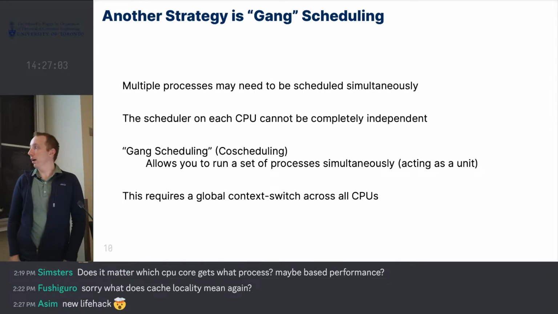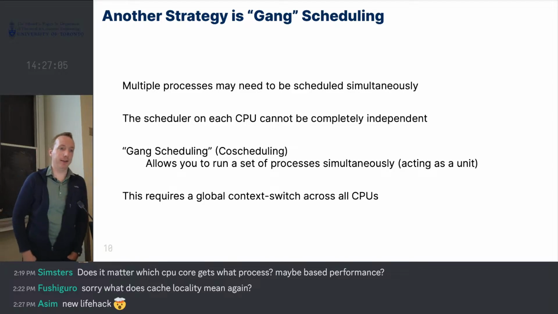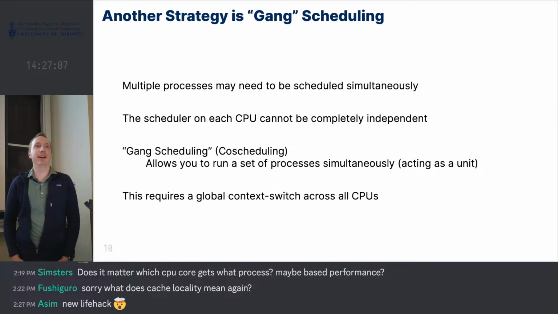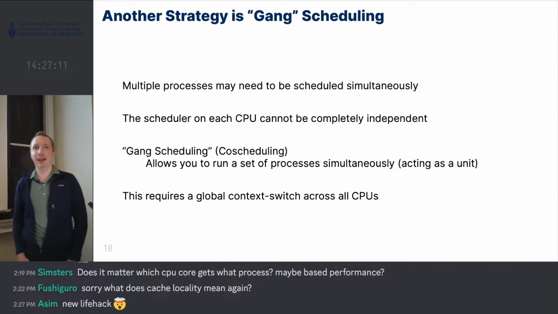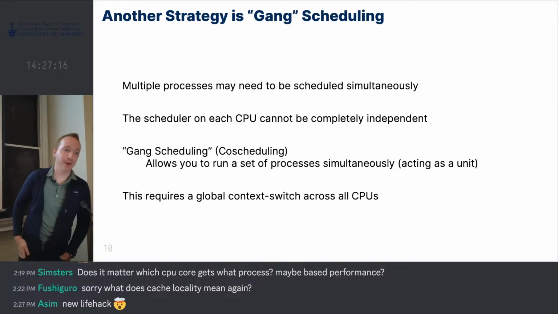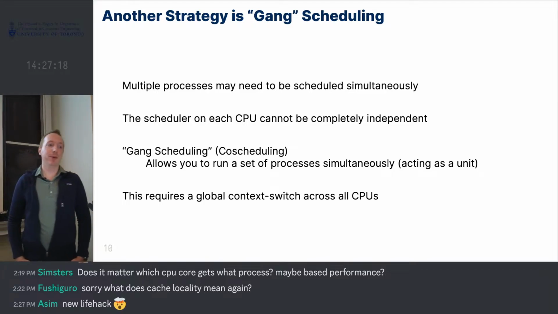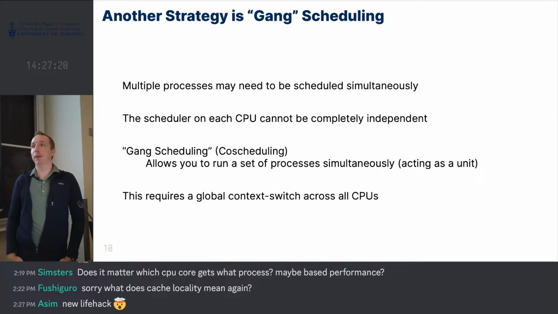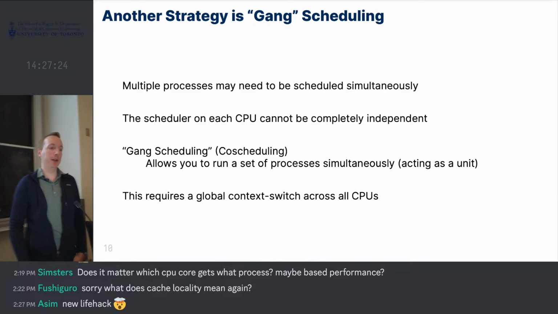So another strategy is something called gang scheduling. We like having weird names in this course for some reason, so you can have a gang of orphan children, I guess. All right, so there might be a situation where multiple processes may need to be scheduled all at once. Again, this is more like high performance computing.